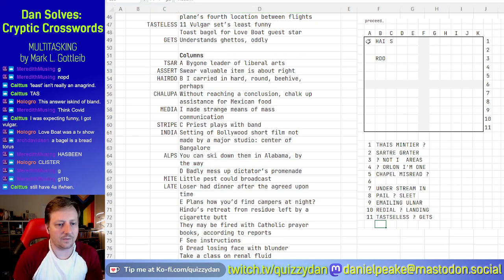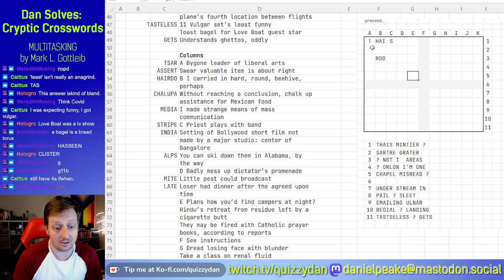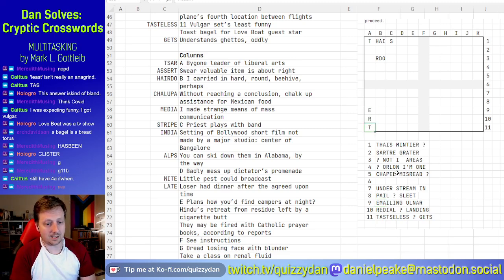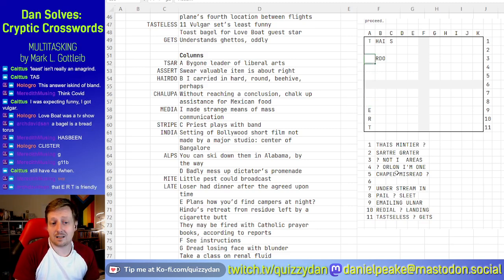So with this column, we've now got SAR, assert, head. So with the assert, we've got an ERT here. So that's looking all right. I guess the ass has to go somewhere up here, which is very strange.